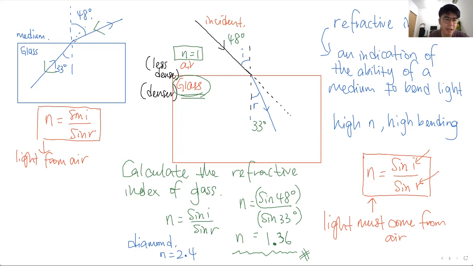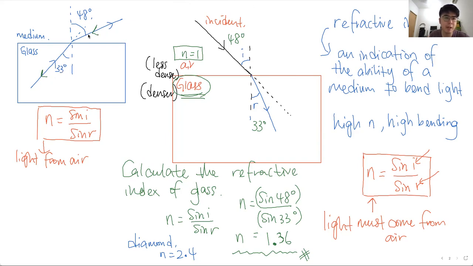Light coming from air will take the same path. So if light comes from glass to air, we can assume light coming from air back into the glass takes the same path.